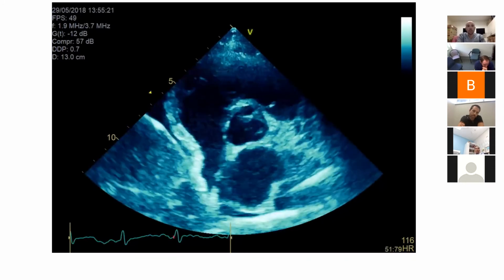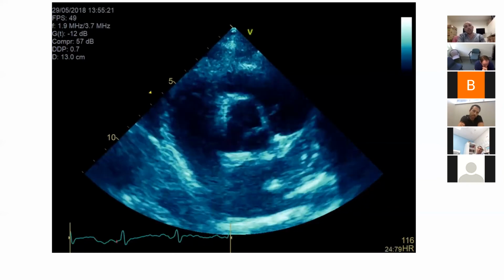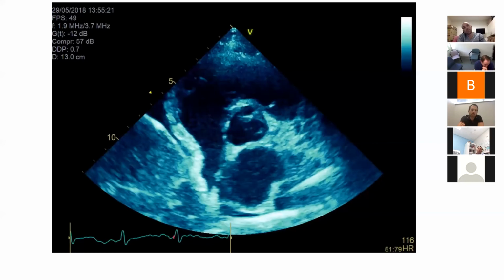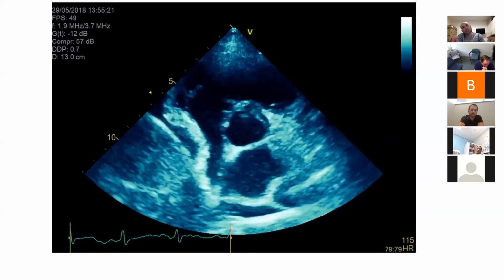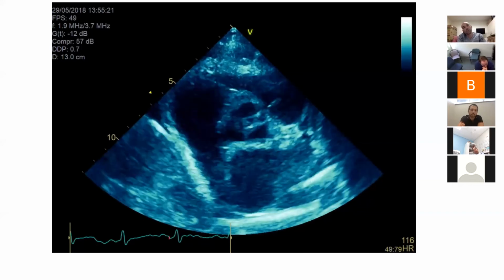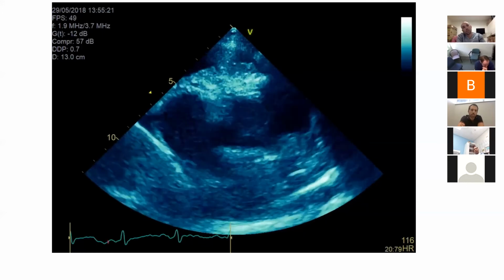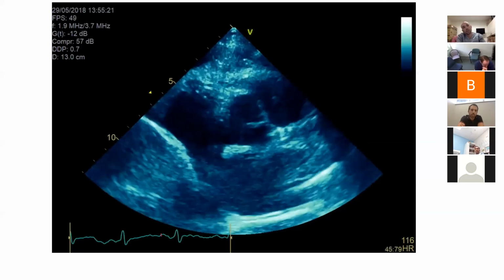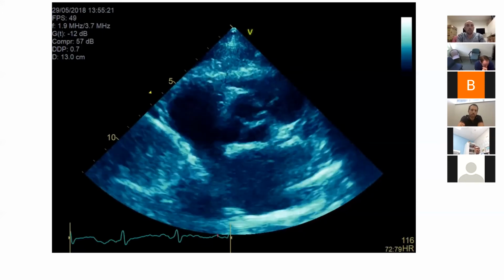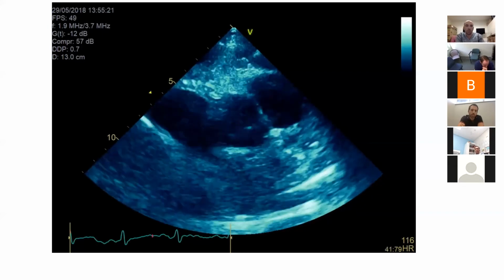Okay, so moving on to the short axis view. So short axis at the level of the aortic valve, there's something that looks like it's compressing the right atrium, coming in from the left. I don't really get a sense of what that is, but the right atrial wall is collapsing as well.